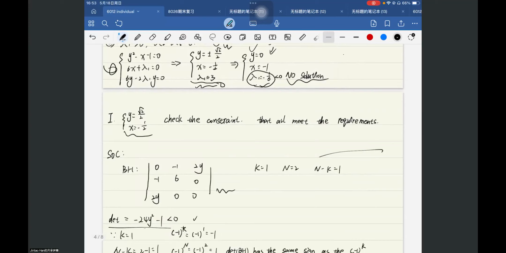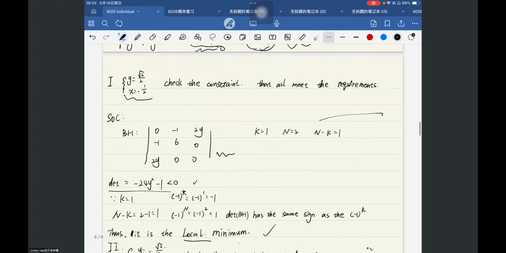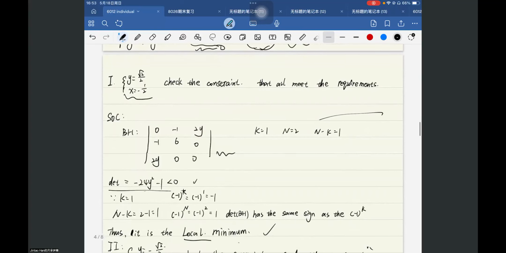So we do the second order condition. We get the bordered Hessian like this, and we solve this determinant, which is negative 24 y squared minus 1, absolutely less than 0. And we find k is equal to 1 and n is 2, so n minus k is 1.